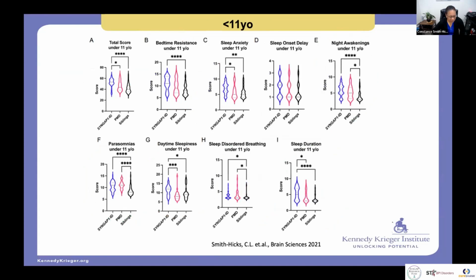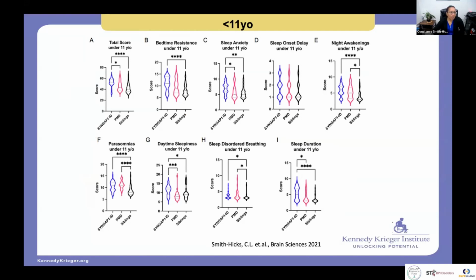Because there is, in general, thought to be an age difference in the manifestation of sleep difficulties, we divided our cohorts into those who were younger than age 11 and those who were older than age 11. Another motivation for doing that is, again, because the CSHQ was validated in those younger than age 11. So we asked, are sleep difficulties in these disorders age dependent?